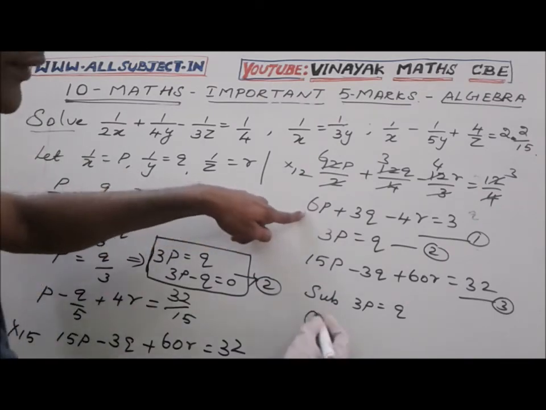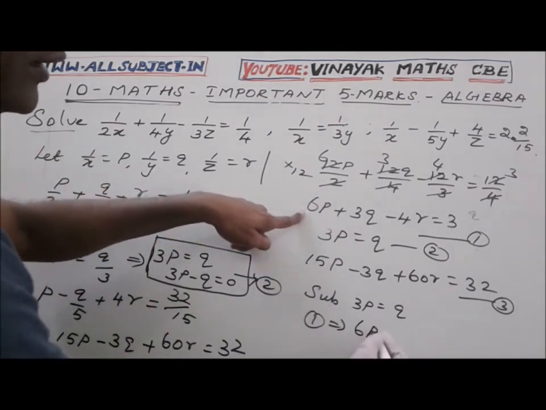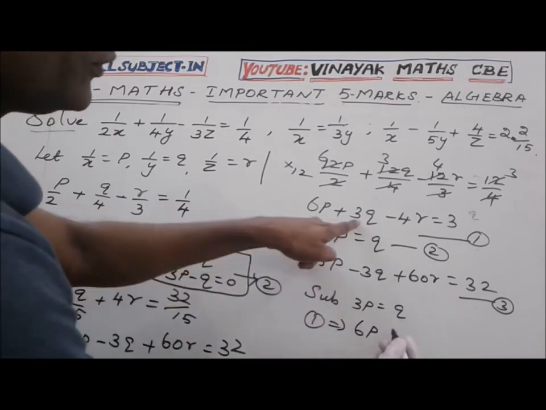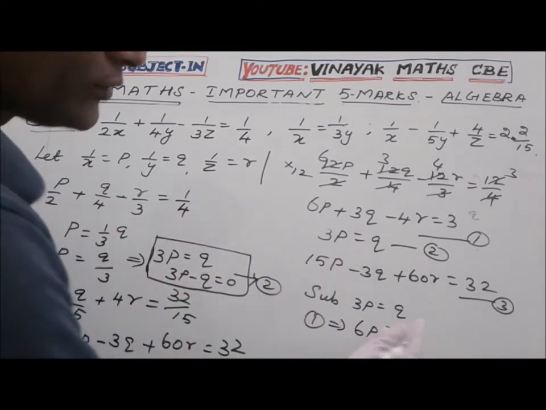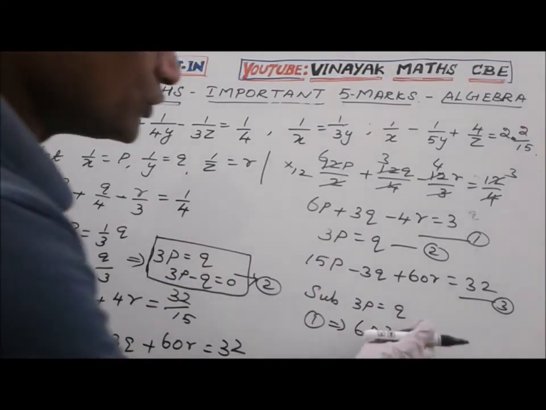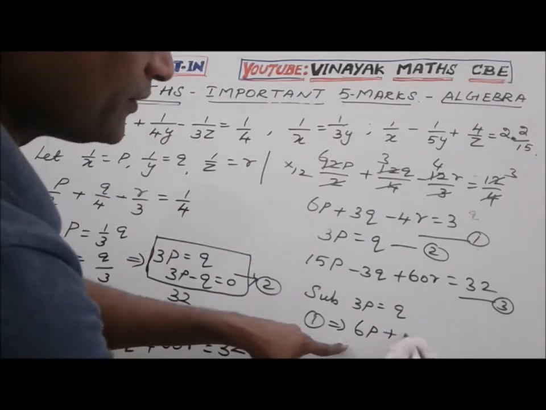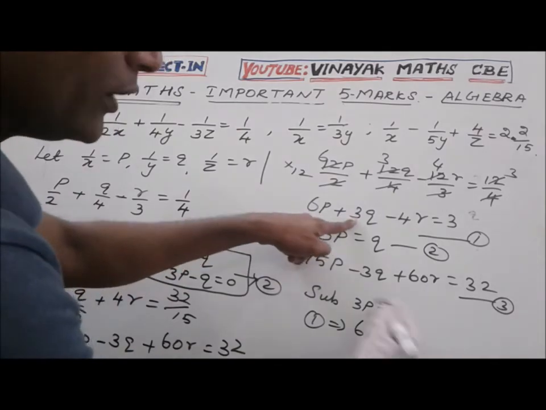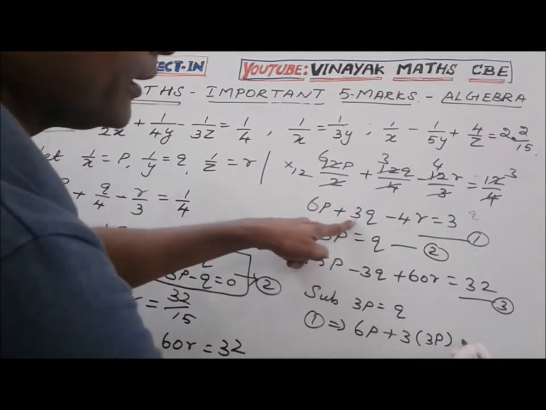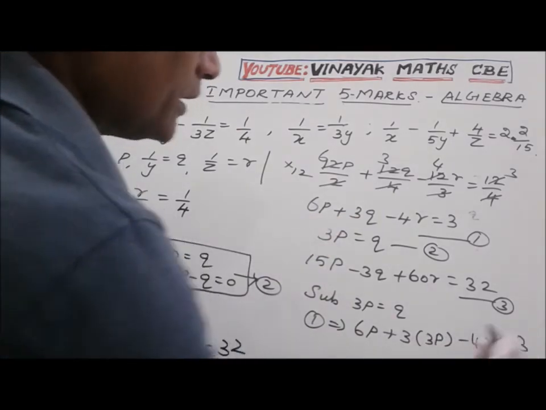Now equation 1 implies 6P plus 3 into Q, where Q equal to 3P, so 3 into 3P, minus 4R equal to 3.